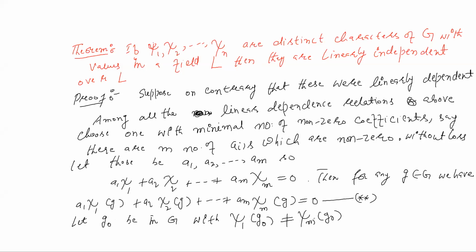This is possible because these characters are chosen to be distinct, so such an element exists as chi1 is not equal to chi m. Since double star holds for each g in G, in particular it also holds for the element g naught g.